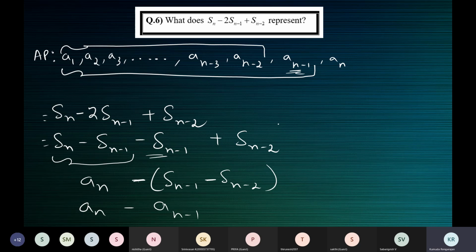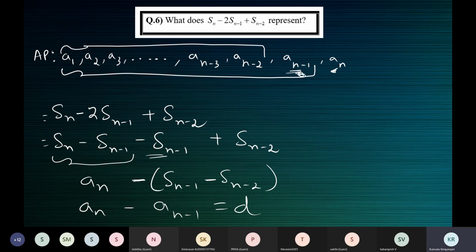Now an is the nth term and an minus 1 is its preceding term. The term before an is an minus 1. The difference between these two terms is called d. The difference between any term and its preceding term in an AP is called d.